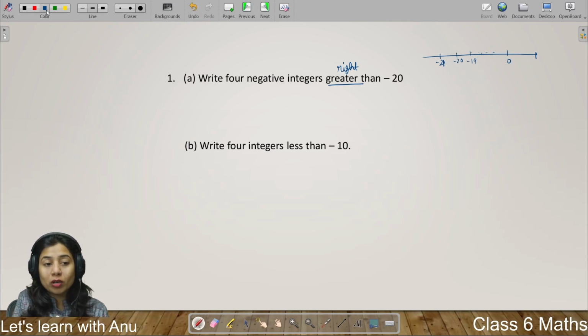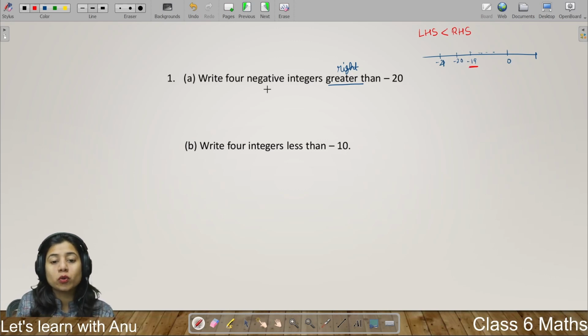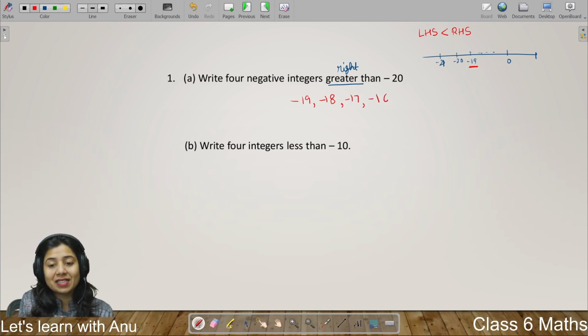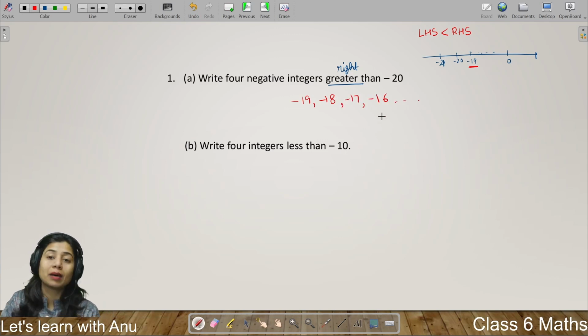I have already discussed that a number lying on the right hand side will always be greater than a number lying on the left hand side. So minus 19 is greater than minus 20. So 4 negative integers greater will lie on the right hand side. So it will be minus 19, minus 18, minus 17, minus 16 and so on. All the numbers lying on the right hand side.